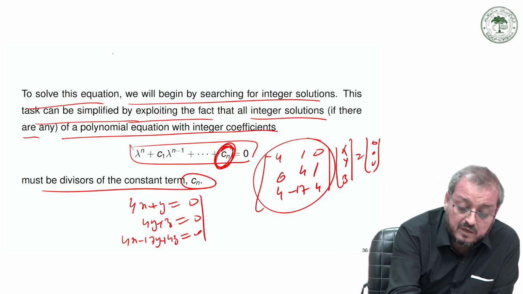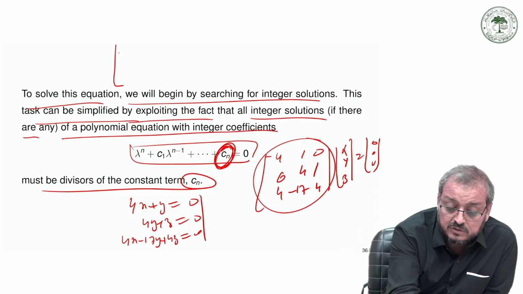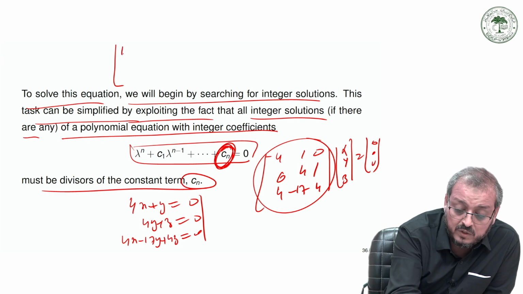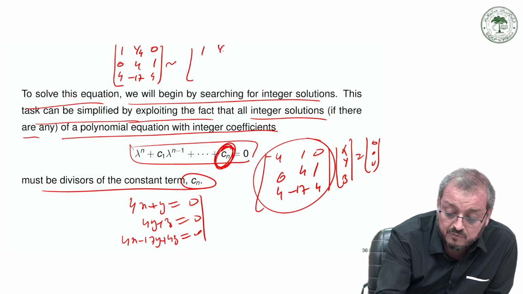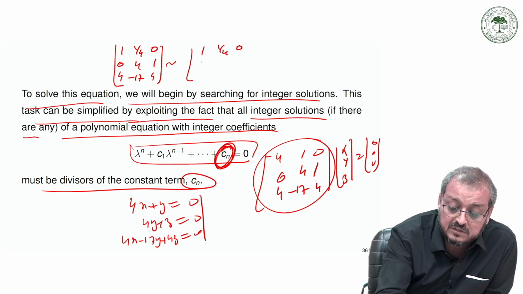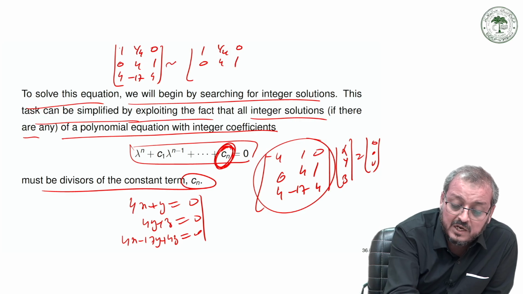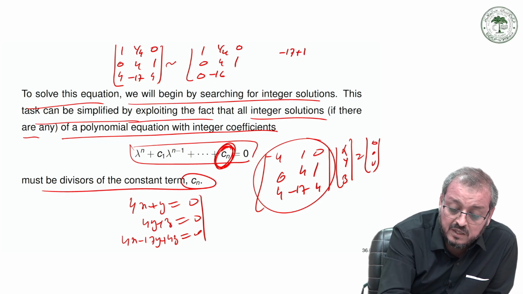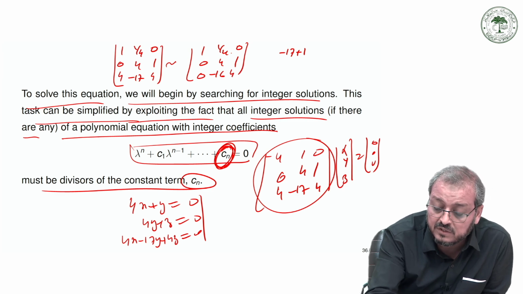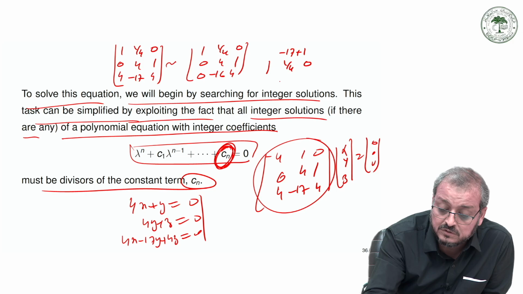So we divide the first row by 4, giving 1 by 4 0, then 0 4 1, and then the row 4 minus 17 4. Now we multiply by 4 and add, so minus 17 plus 1 is equal to minus 16, and then we write 1 by 4 0 0, 1 1 by 4, and 0.